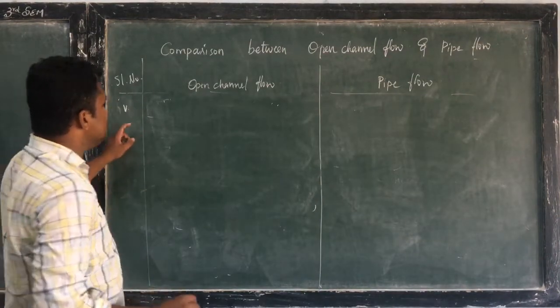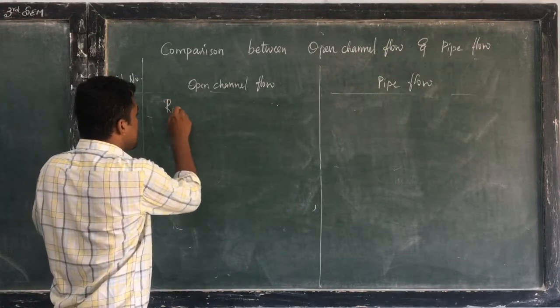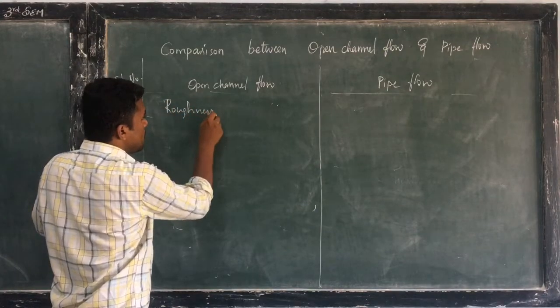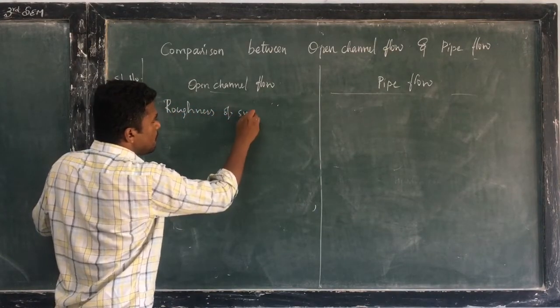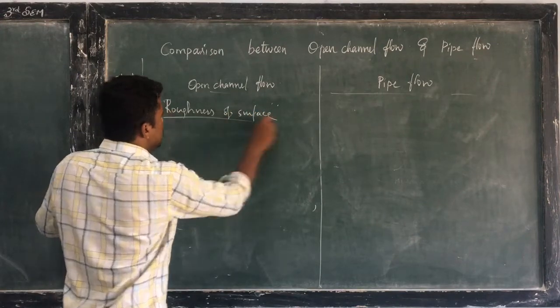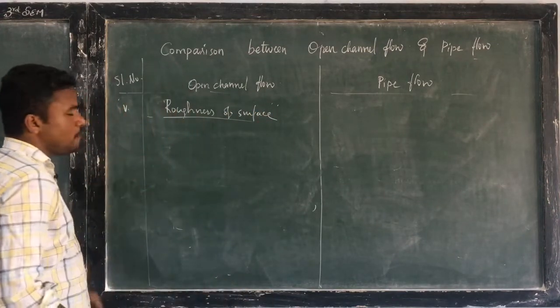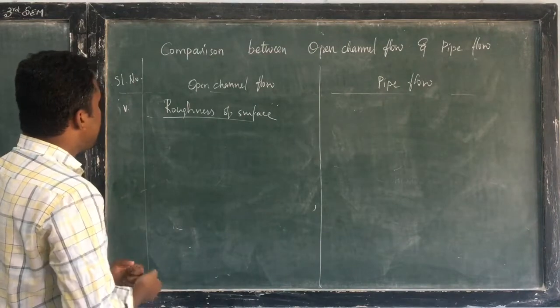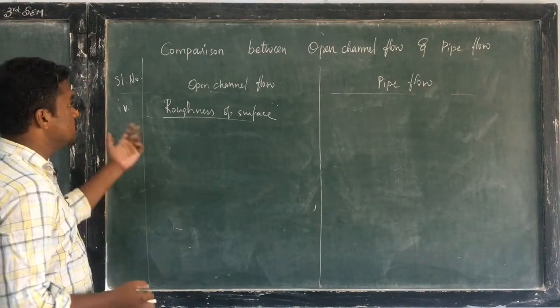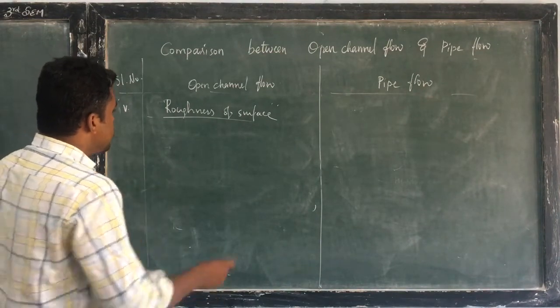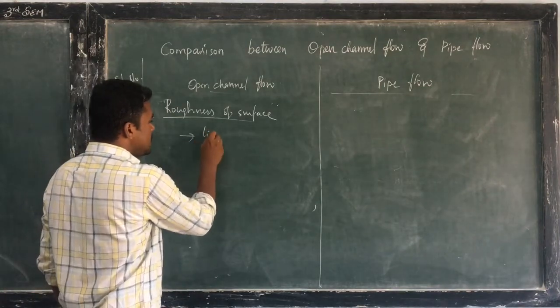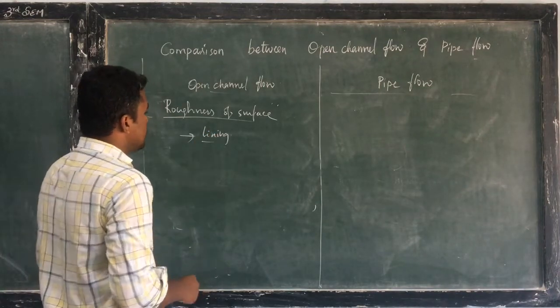The fifth one is roughness. In open channel flow, we have a wide range of roughness. If it is provided with proper lining, then it has less roughness.